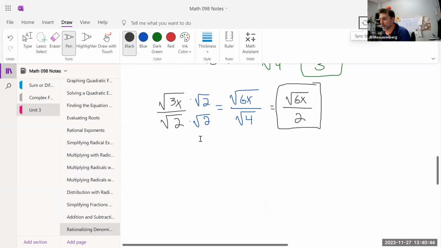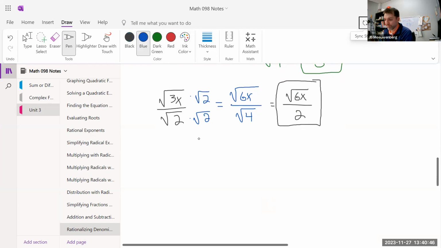And let's do one more of these. Let's do 8 over the square root of 7y. So try this on your own. I'll keep going. So it's the bottom we care about. We'll multiply it by the square root of 7y over the square root of 7y.